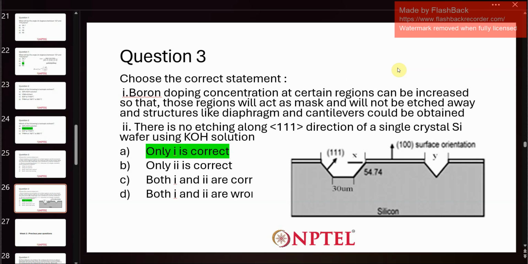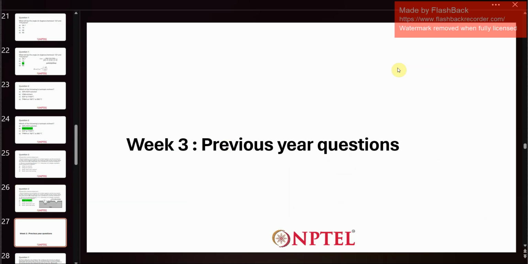So that will lead to lower etching, and it can be used in diaphragms and cantilevers. So that is a true statement. So for KOH, yes, the etch rates are different for every etching plane, but it's not that there will be no etching occurring in KOH. So only statement 1 is right.